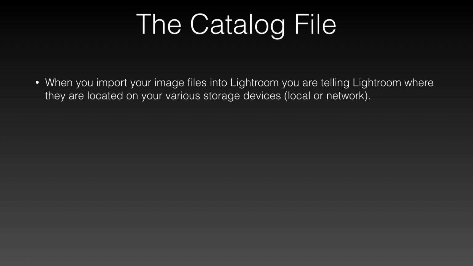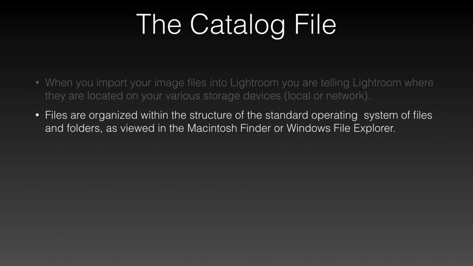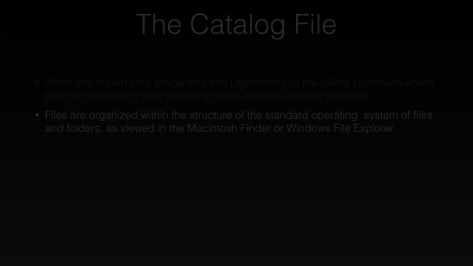When you import your image files into Lightroom, what you're doing is telling Lightroom where they are located on your various storage devices. The files are organized within the structure of the standard operating system that you happen to be using at the time.